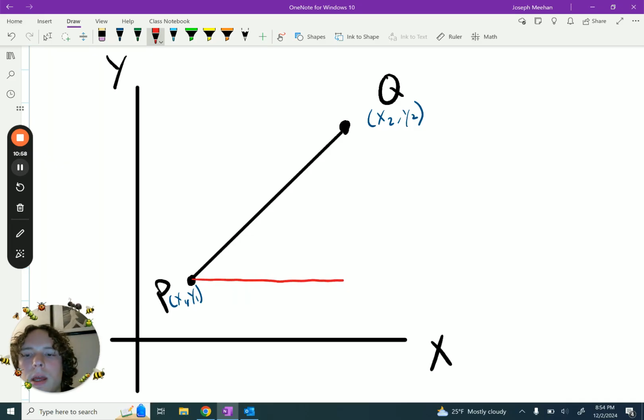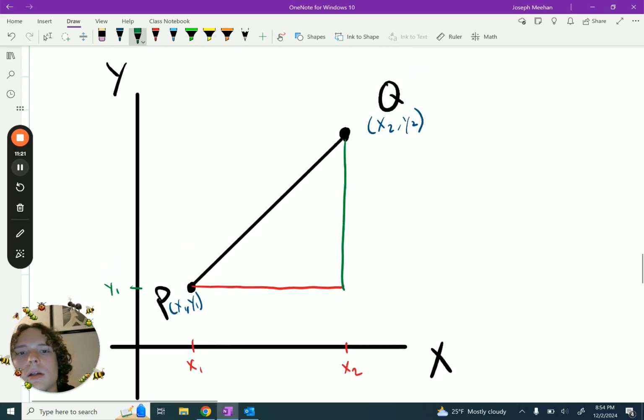So we're drawing a line from x1 to x2, basically. If x1 is right here, then x2 would be right here. Let's do another line up and down here, and since we're going up and down, this would be the y value. So now we're going from y1 to y2.